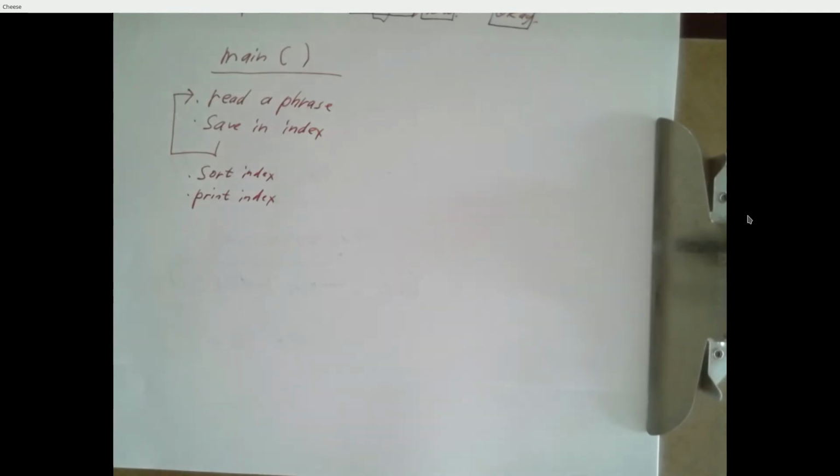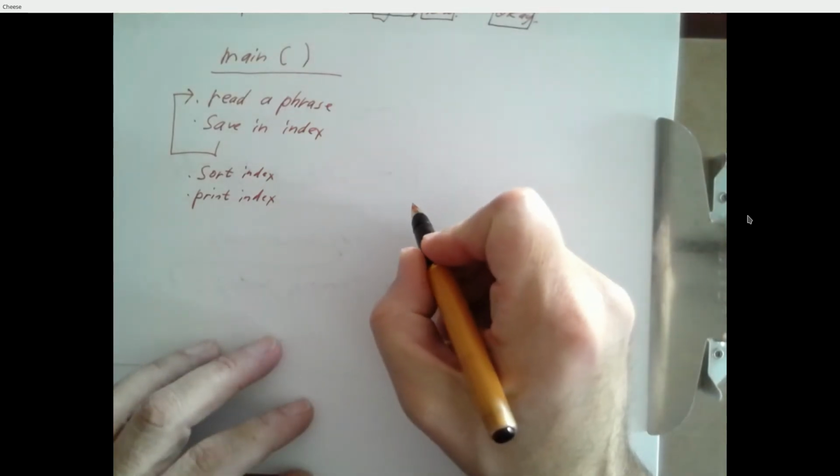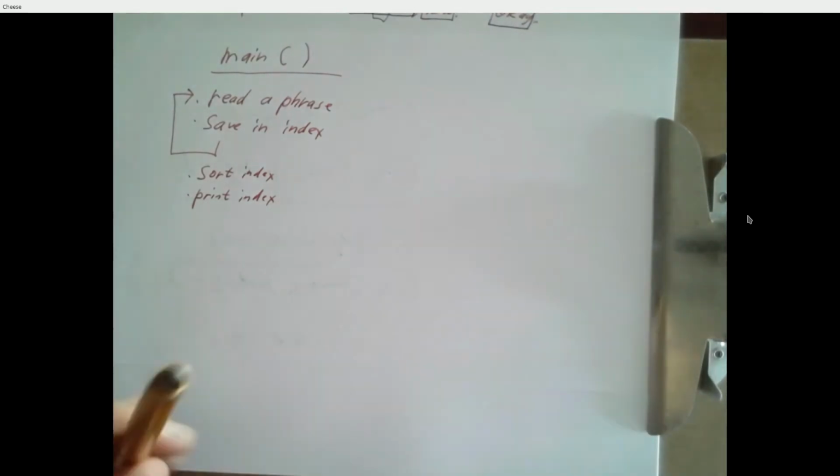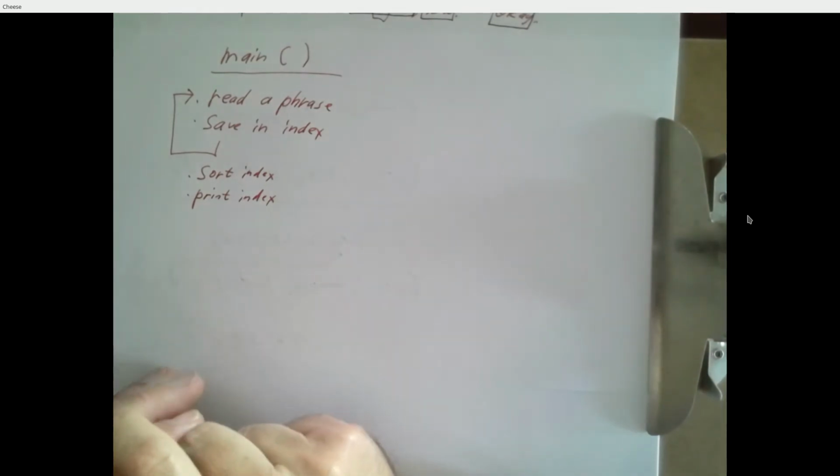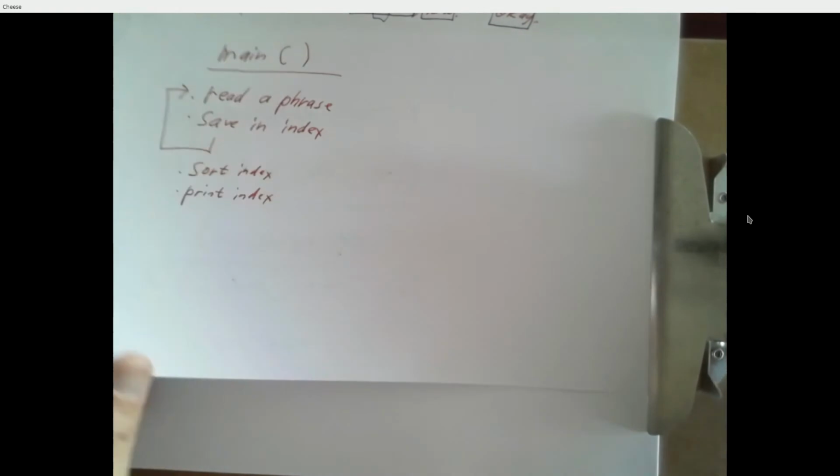So how do you read a phrase? I don't know. Well, we have to know when reading a phrase is that whether it's one of the punctuation marks. Okay. Or a letter or a character. Okay.